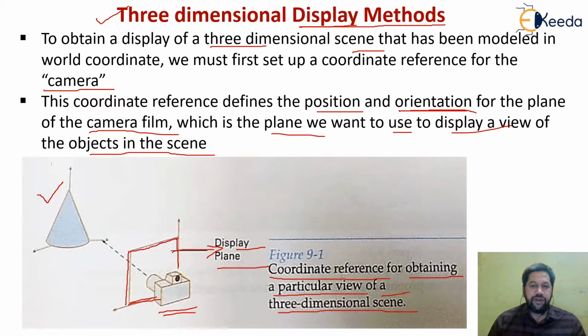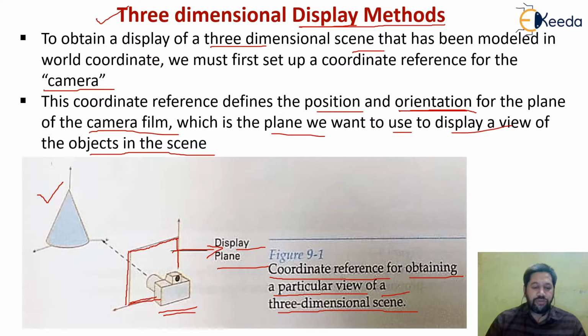The display method you are using is important in projection, because today's topic of discussion is related to projection, and we are learning two types: parallel projection and perspective projection. That's why I have added this initial diagram, so that you understand how we are capturing the picture.